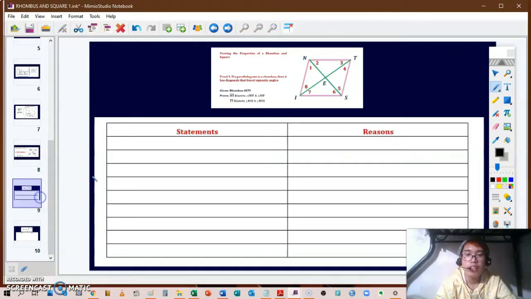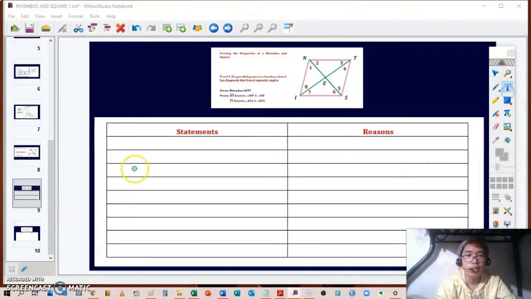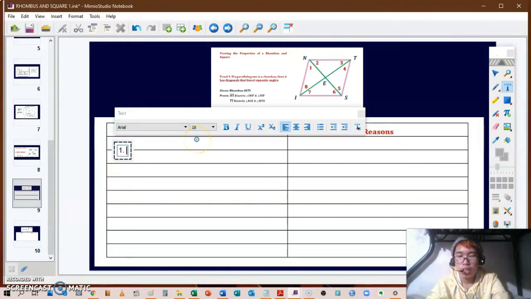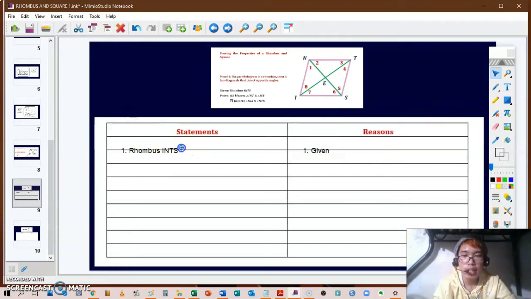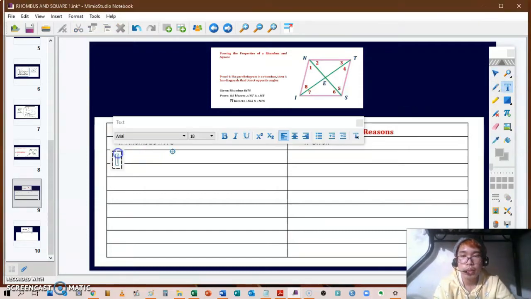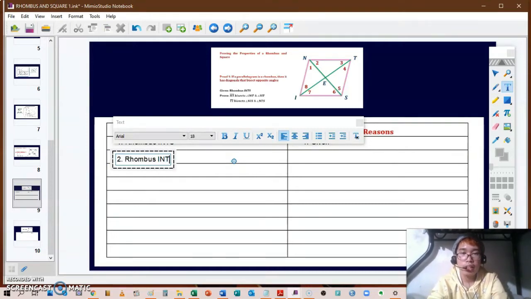Okay, so for our first statement, number 1, given rhombus INTS. So we can write that as a given. And on the second statement, number 2, rhombus INTS is a parallelogram.